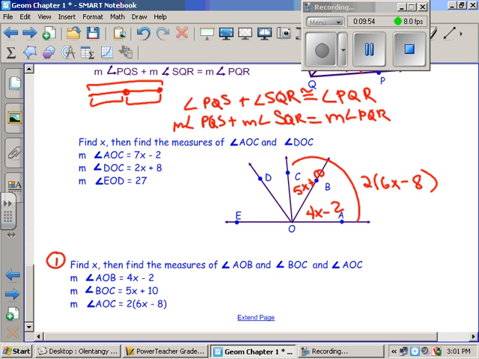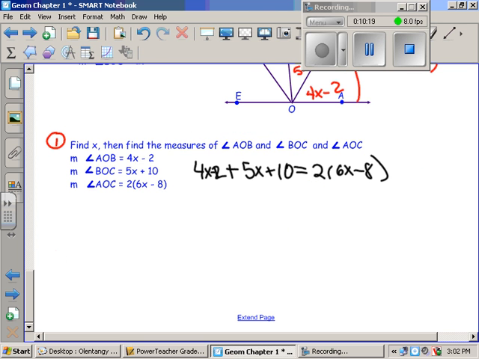Okay, so the angle addition postulate says this one plus this one equals the whole thing. So I can write 4x minus 2 plus 5x plus 10 equals 2 times 6x minus 8. And work this equation, combine like terms.